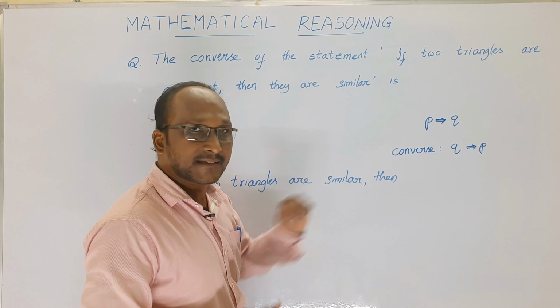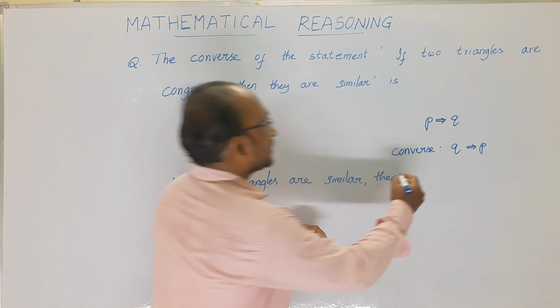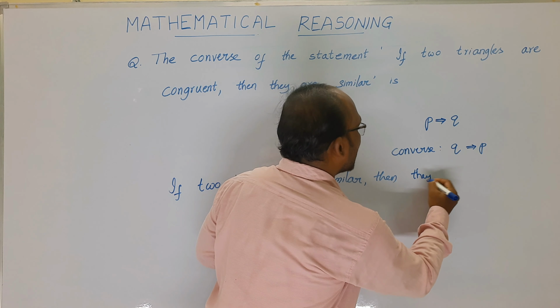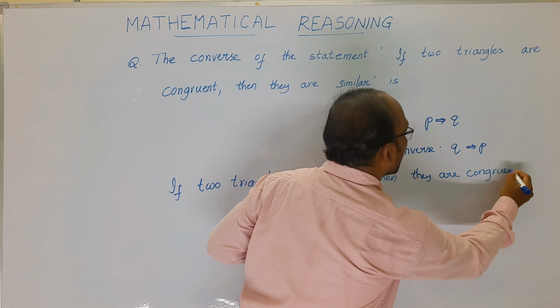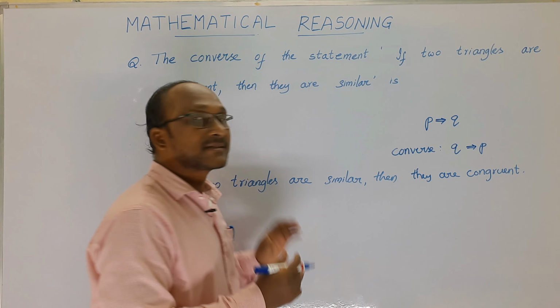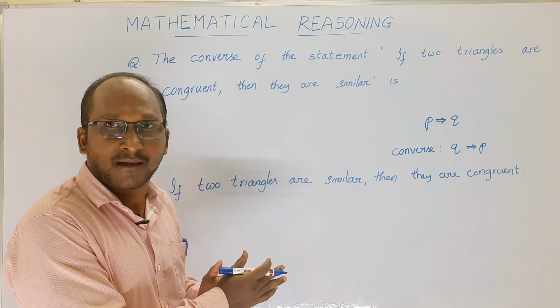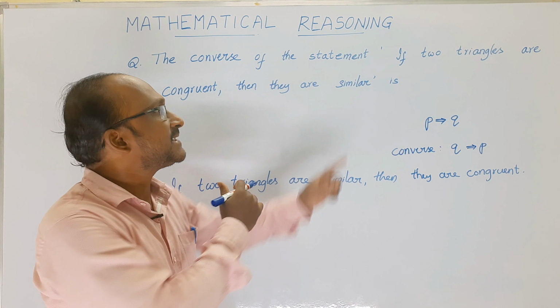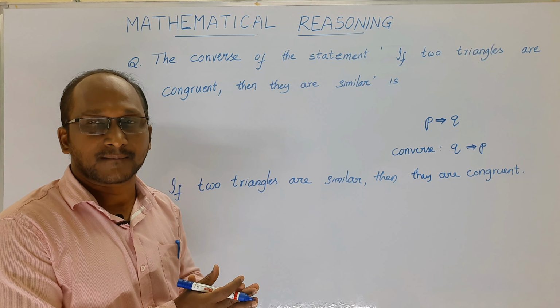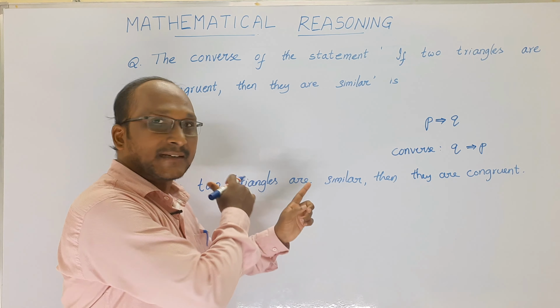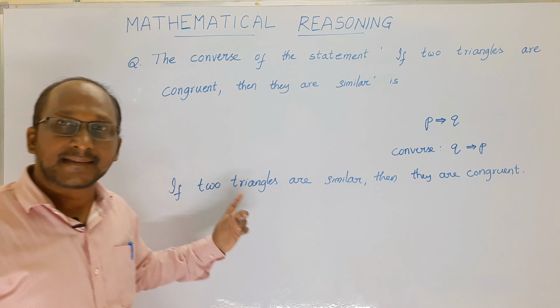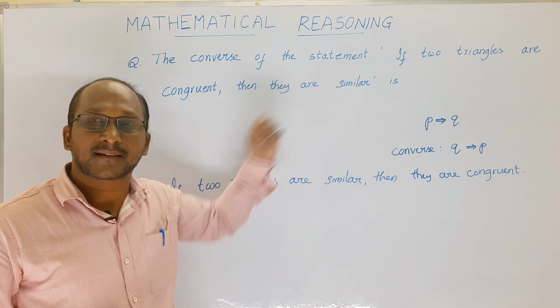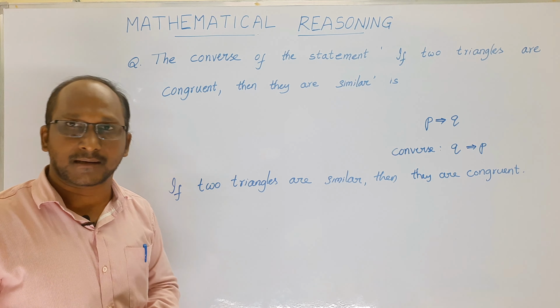That's why after that we have to write they are congruent. So the statement thus we have got, of course what we have done, we have interchanged hypothesis and conclusion. So after interchanging the hypothesis and conclusion, we have got this statement. This compound statement is called converse of the given conditional.